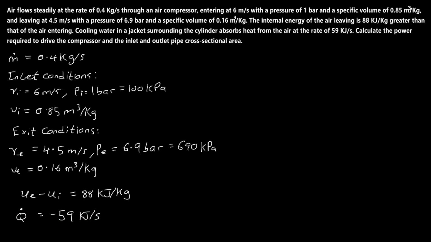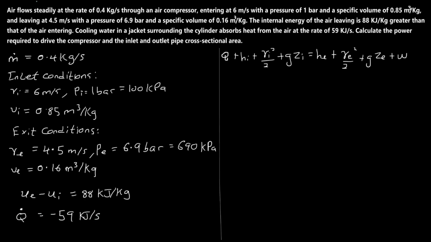To solve this problem, we can use our energy equation, or we can multiply through by the mass flow rate and write this equation using the rates of heat transfer and rate of work done instead. Making the rate of work done or power the subject, we can write our equation as this.